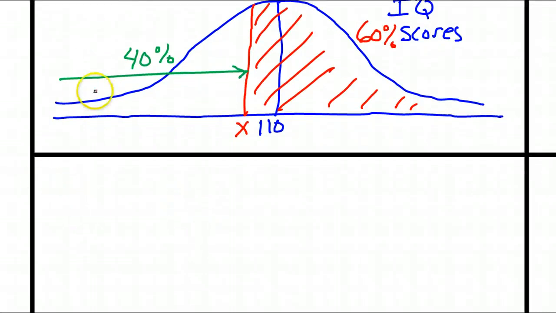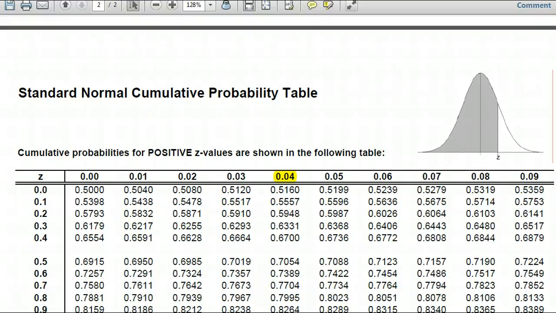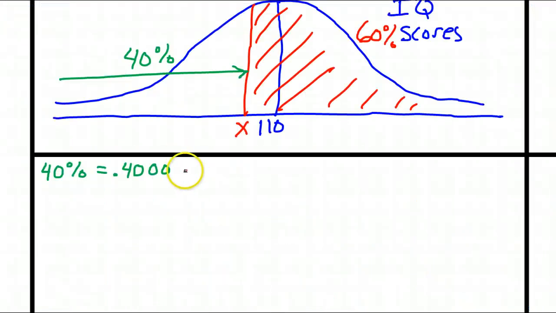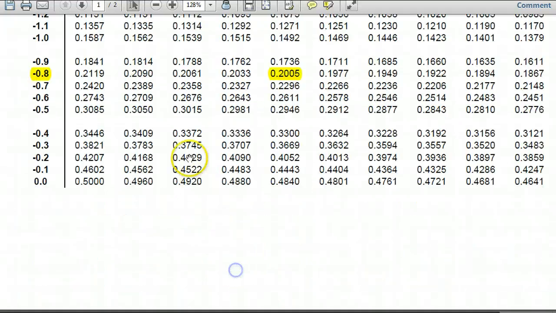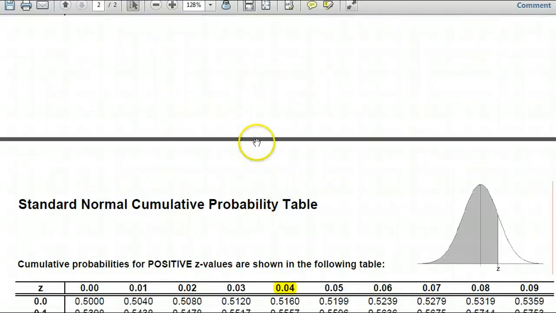So here I go then. Using the 40%, like I said, 40% equals 0.4. Move it twice. I'm going to go ahead and call it 0.4000, so it's the same length as the values on my chart. Now I'm going to try to find as close as I can to 0.4000. This is on the negative side of the graph, so I need to be on the negative side of the chart.